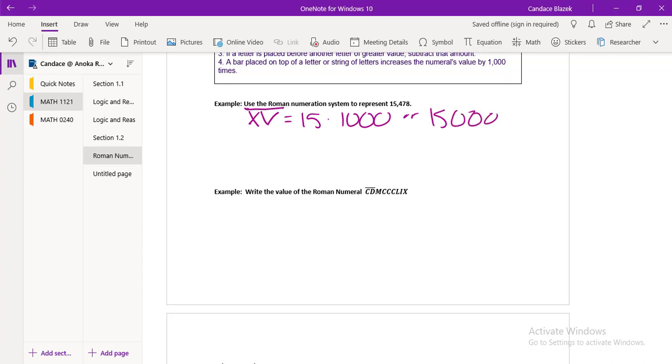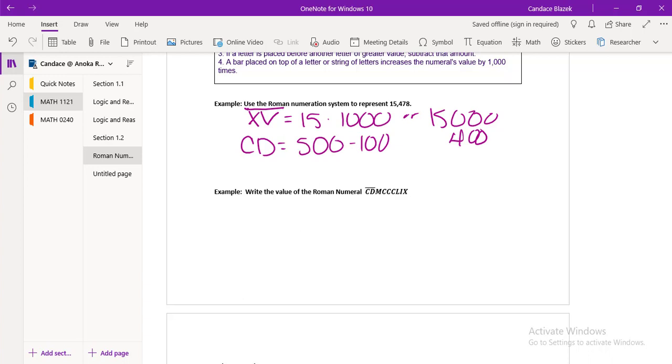That's how I would represent the large number of 15,000, but what about the 478? Well, I can't do 4 C's because we're not supposed to put 4 of the same letter in a row. So I will use 500 minus 100, which is represented by C before D. That is 500 minus 100 because C has a smaller value than D, and that will give us the 400.